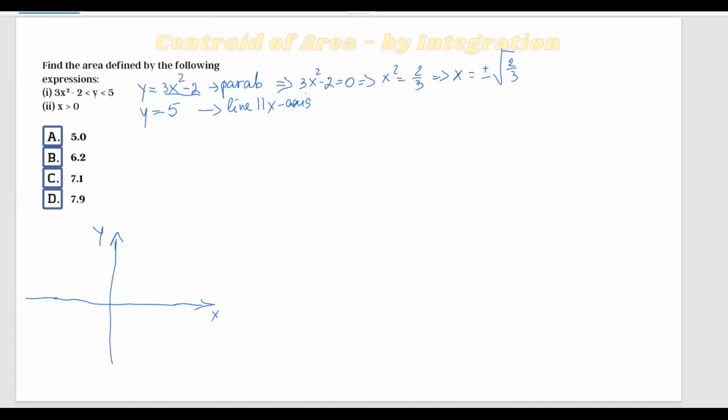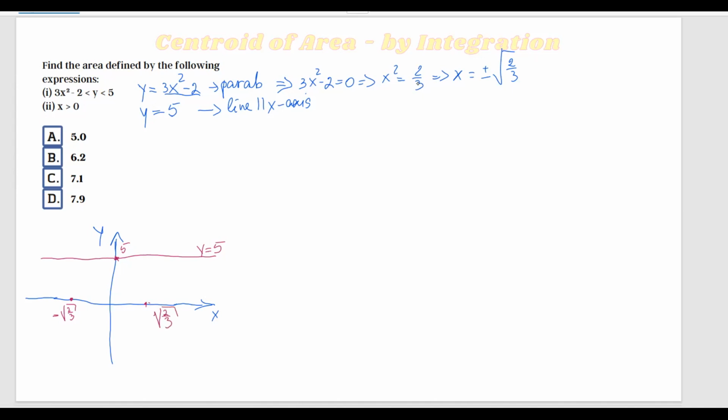I'm going to say y equals 5, so I know this line intersects the y-axis at 5. And then the parabola, I know it intersects the x-axis. Let's assume this is minus the square root of 2 over 3, and this is plus the square root of 2 over 3.